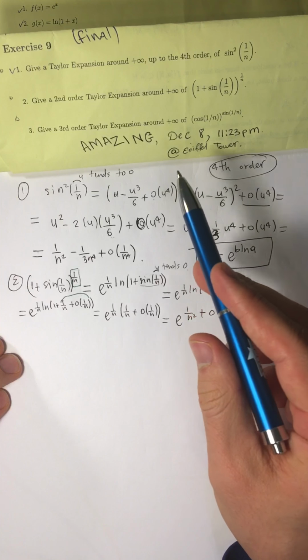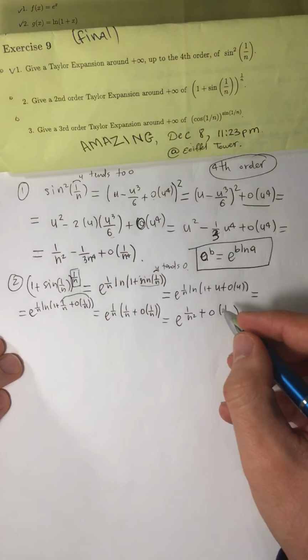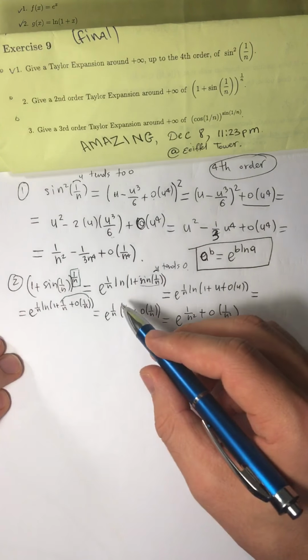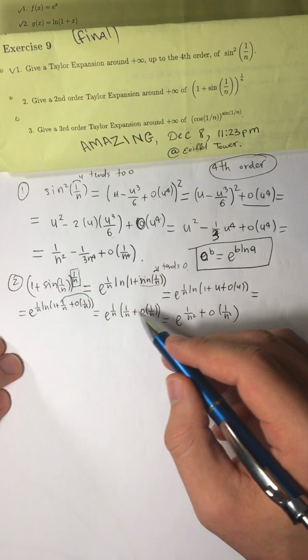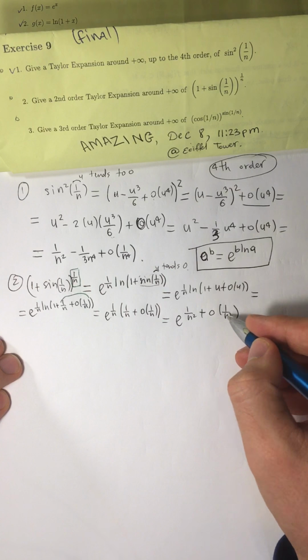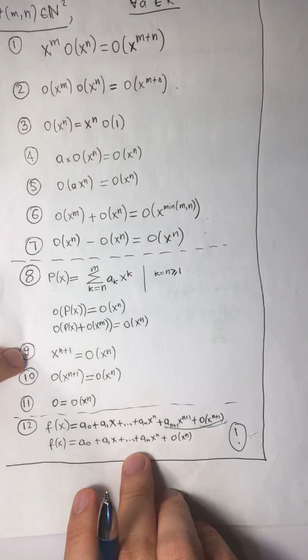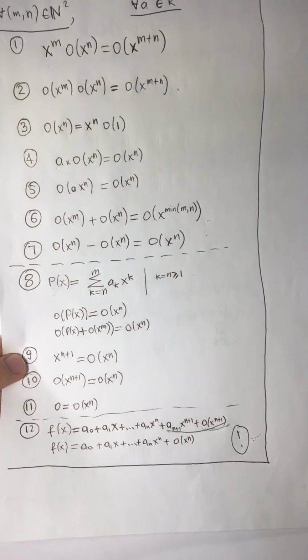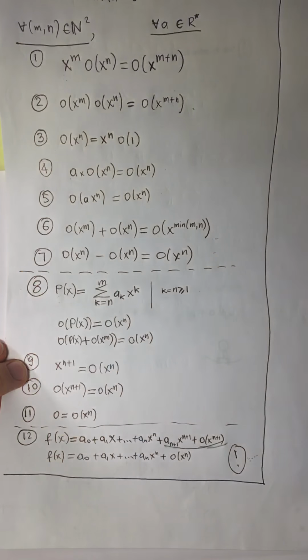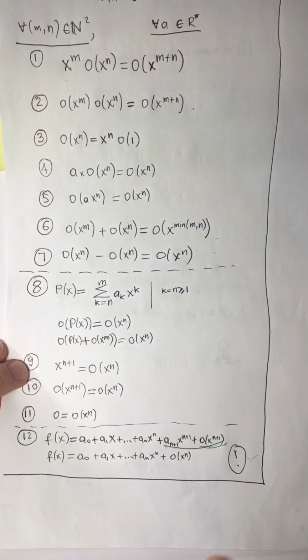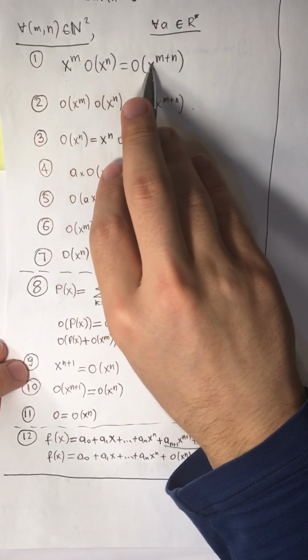We need the second order, but because I have 1 over n, when I multiply it, I will have this one, and this comes from the property number 1. Look, property number 1: 1 over n goes inside and you add the power.